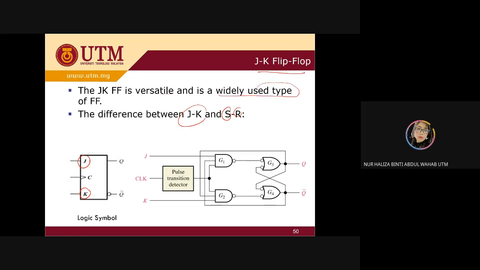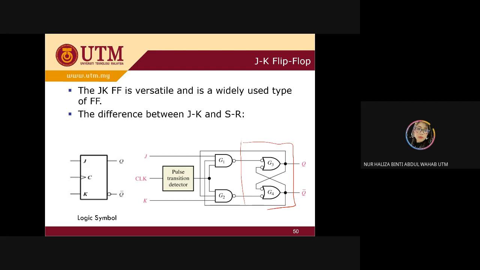As I already mentioned at the beginning of our class, normally the most used flip-flop is the JK flip-flop. What is the difference between JK and SR? You can compare what happens to your SR latch and your JK flip-flop.